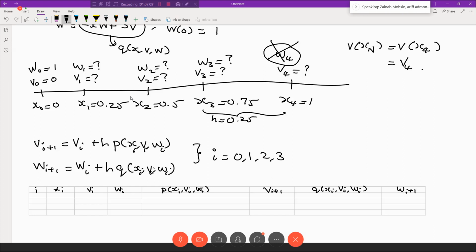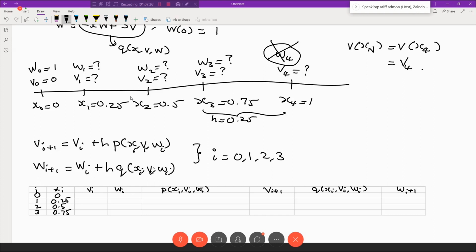Okay, so draw your table. Once again, 8 columns, 5 rows, because your i starts from 0, 1, 2, and 3. So Xi once again is 0, 0.25, 0.5, and 0.75.